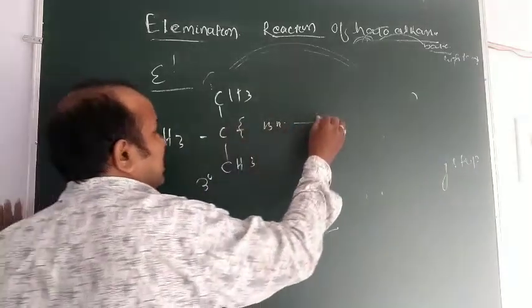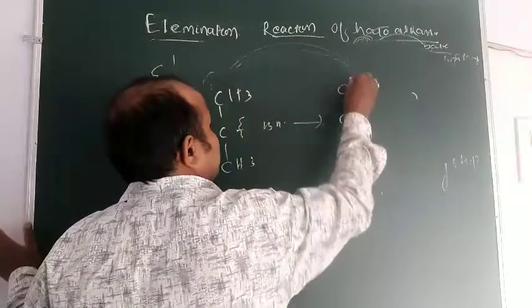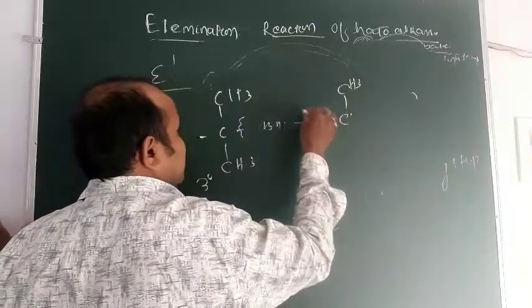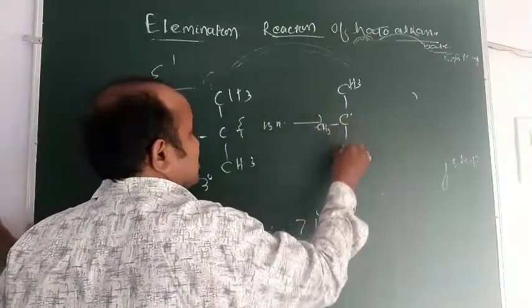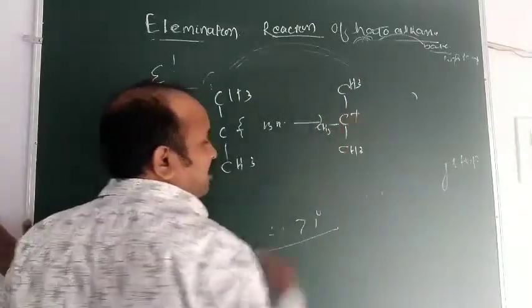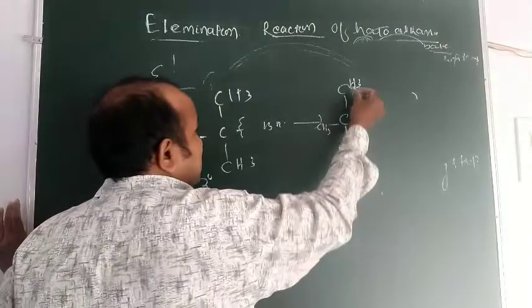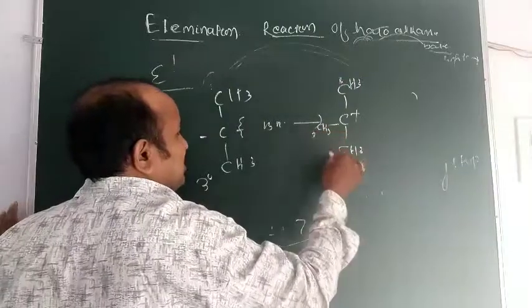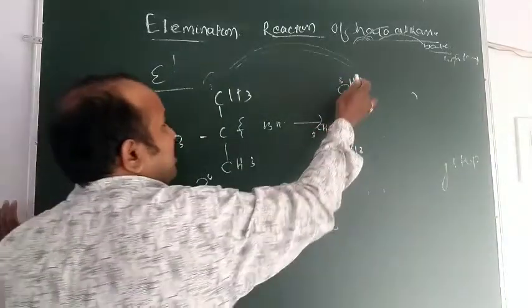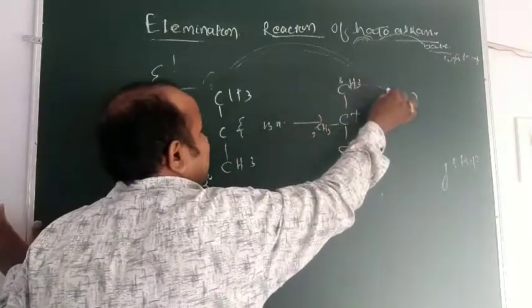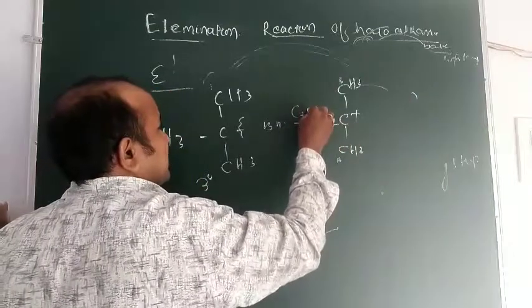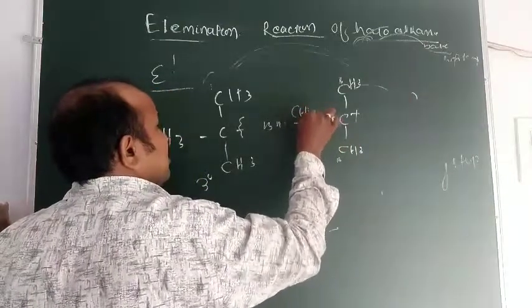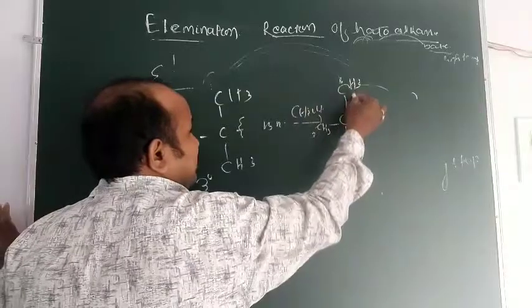So it first converts to a cation, and then any of the beta hydrogens, on these beta carbons, are attracted by the CH3OH.